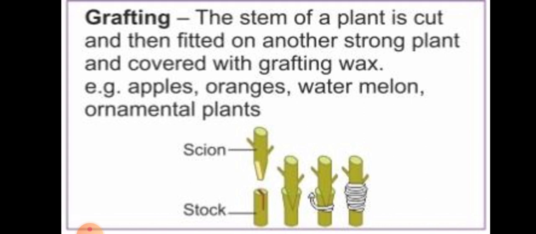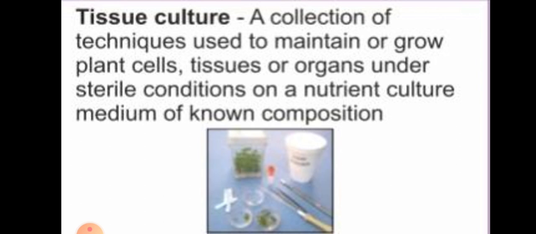So the next artificial vegetative propagation is tissue culture. This is how particular plants are grown. It is a collection of techniques used to maintain or grow plant cells. Here the tissues or organs are kept under sterile condition on a nutrient culture medium of known composition.